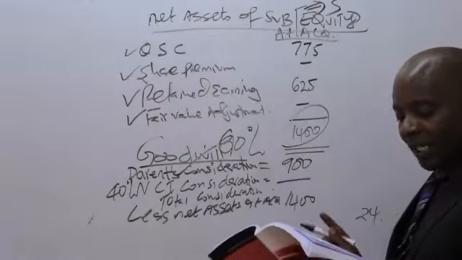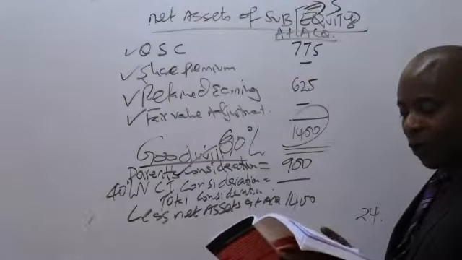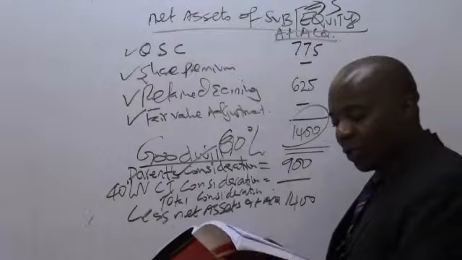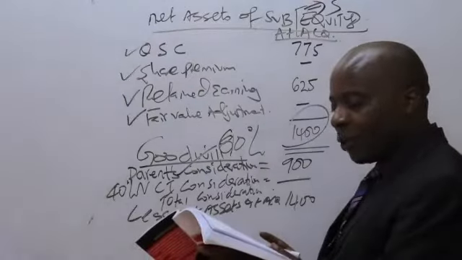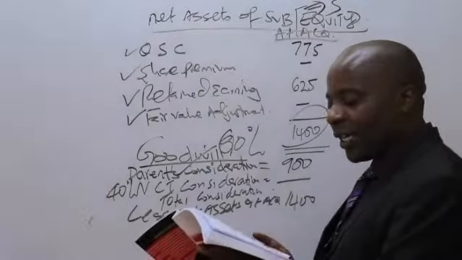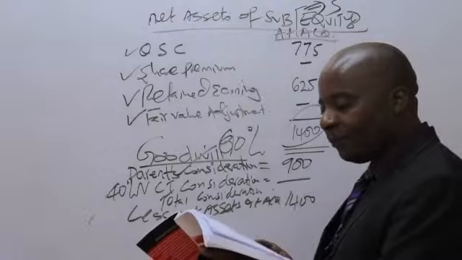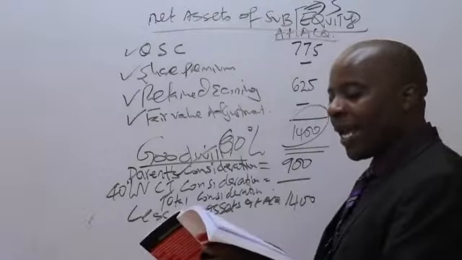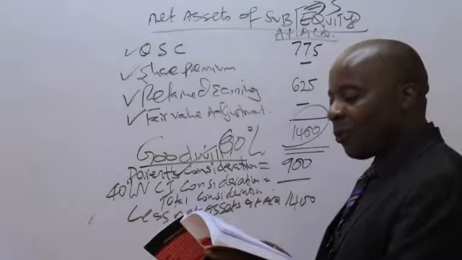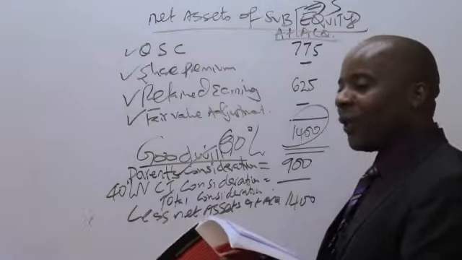So, ladies and gentlemen, please look at this particular note, which is talking about proportionate method. There is a place they have told us about proportionate method for NCI. Yes, still in note number 1, it was decided to apply the proportion of net assets method to calculate goodwill.